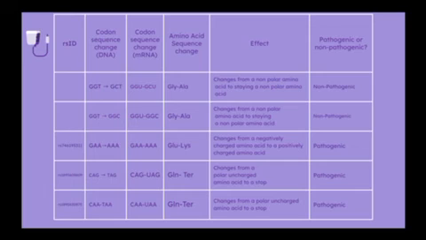And you can see that in the effect, because the effects in the pathogenic changes end up being very, very harmful to the cell and could eventually end up with someone having Bloom syndrome.